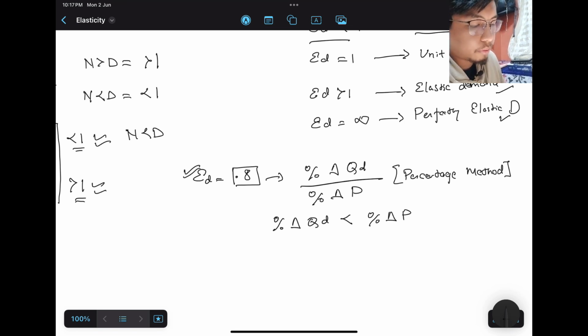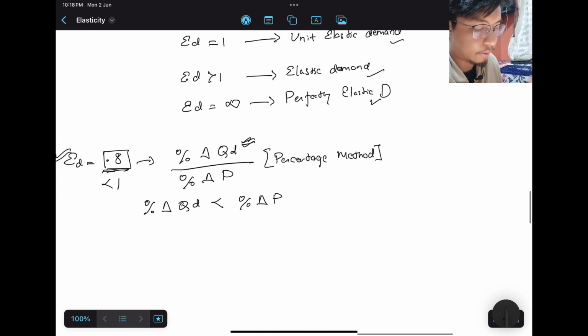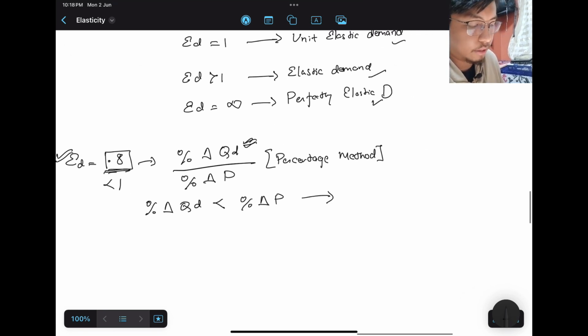So when ED comes 0.8 or less than 1, it implies that your percentage change in quantity demanded is less than your percentage change in prices. Okay, and this is inelastic demand.